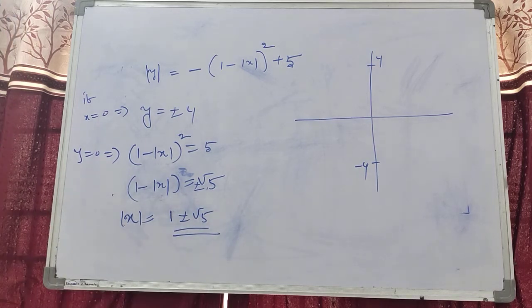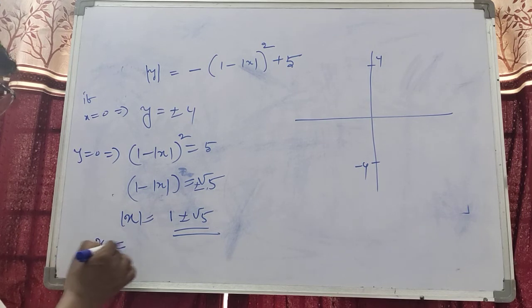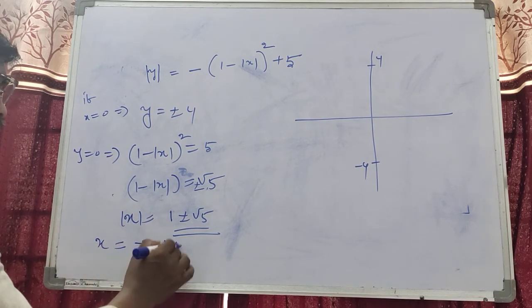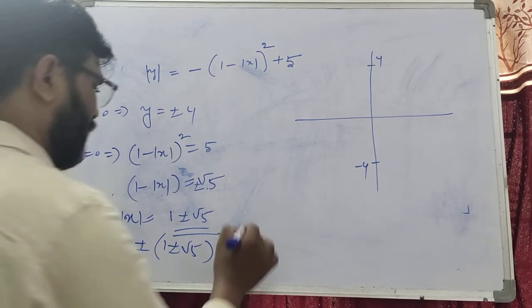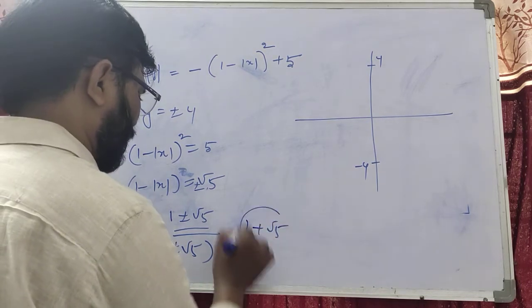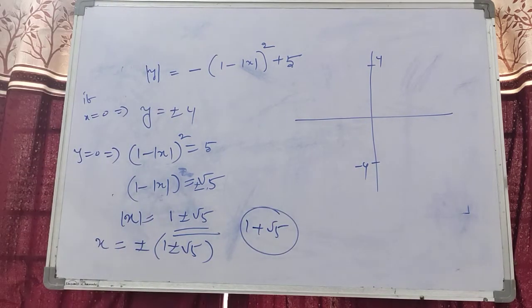Therefore students, this is 1 plus root 5. After then, mod x is also plus or minus 1 plus or minus root 5. Therefore students, when we are taking the plus, undoubtedly what are the limits here? The maximum value must be 1 plus root 5. Dear students, 1 plus root 5 is the maximum value.